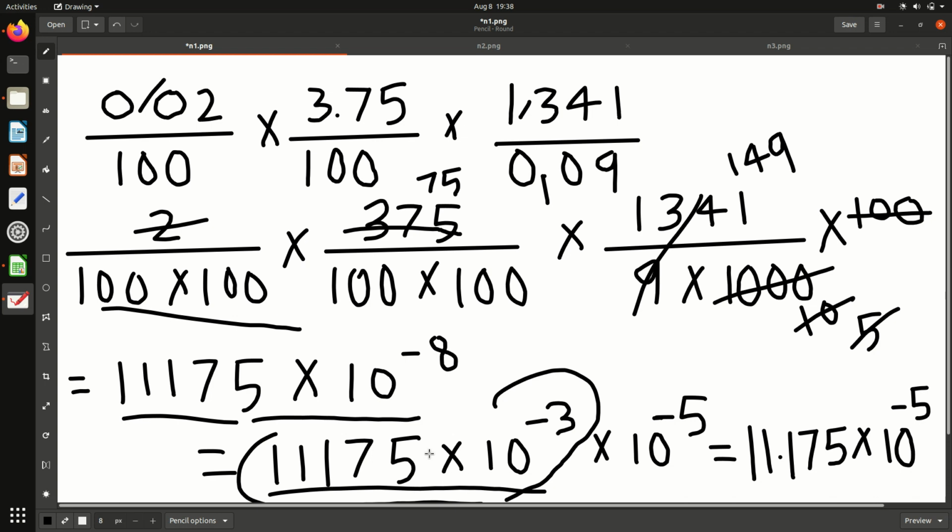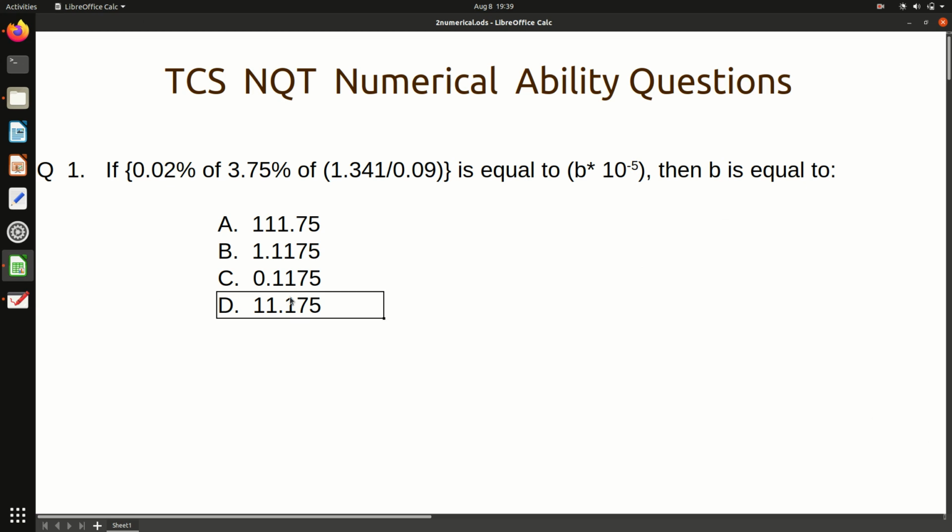When we multiply it will be 11.175 into 10 to the power minus 5. So b will be this value, 11.175. So option D will be our answer. I hope it was very easy, just we had to do the multiplication, that's all. So let us see the next question.